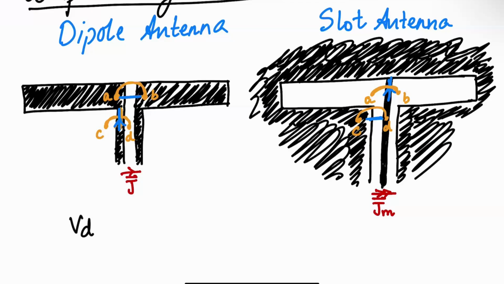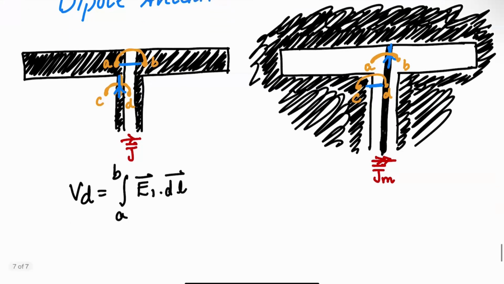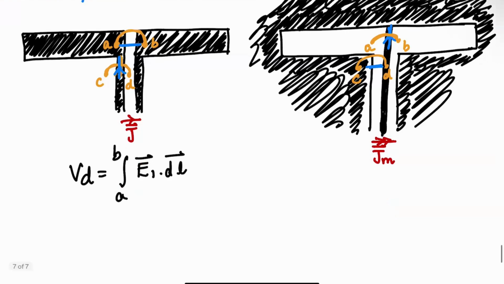I'm saying in the dipole case, V_D is given as the integral from A to B of E1 dot dl, where E1 is the electric field of the first problem, if you remember. And then I_D is minus 2 times the integral from C to D of H1 dot dl.